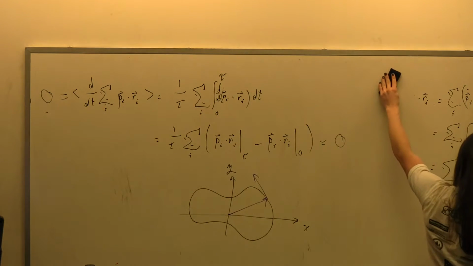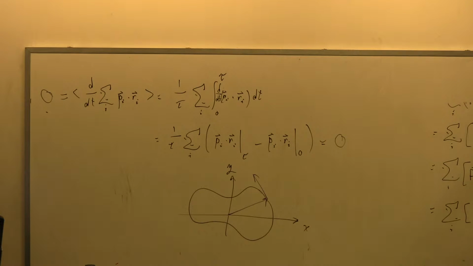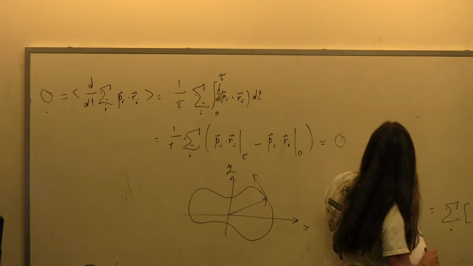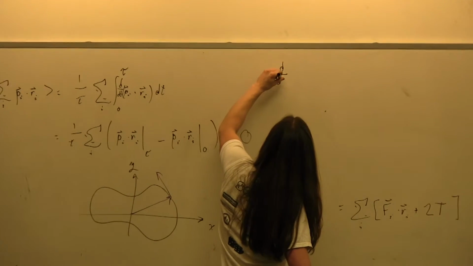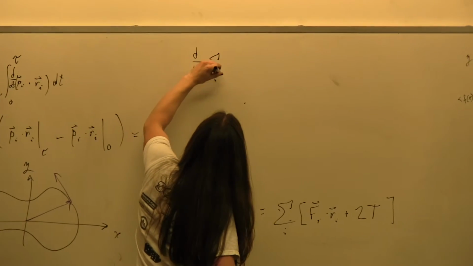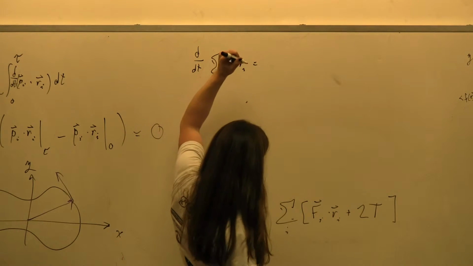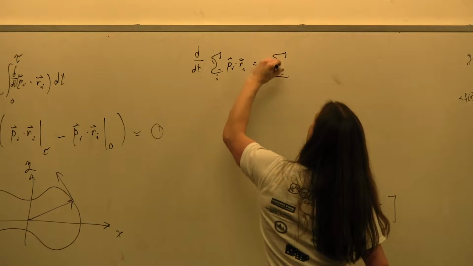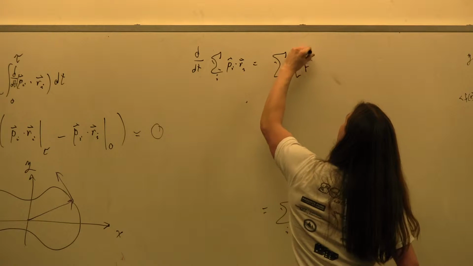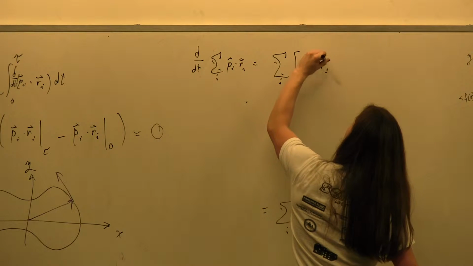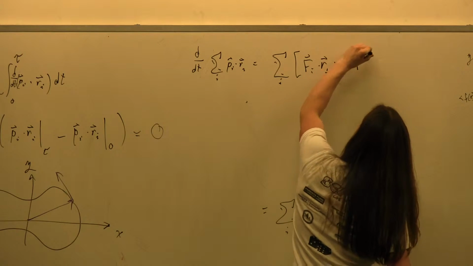And now we can go back to our neglected right-hand side of this whole equation, which was d/dt of the summation of p_i dot r_i, is equal to that.